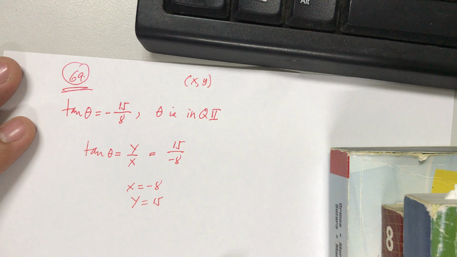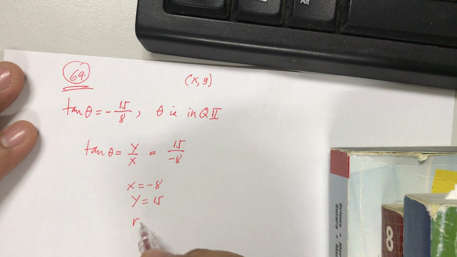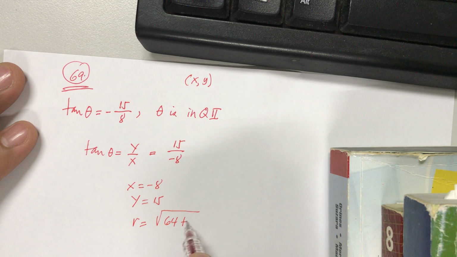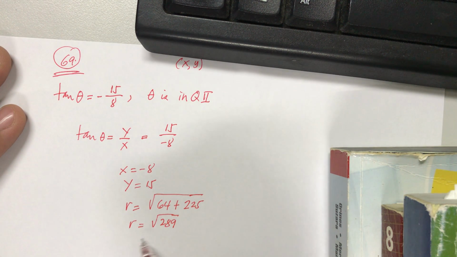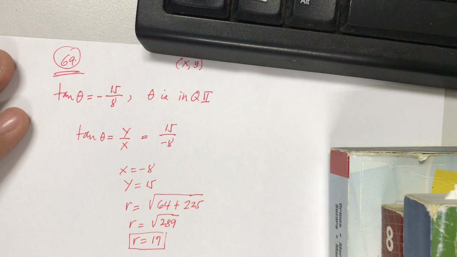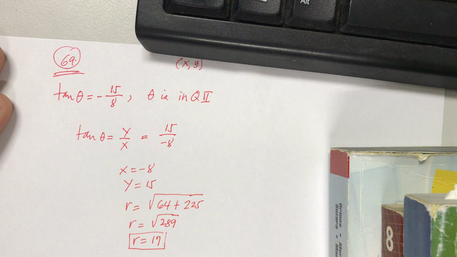If x is negative 8 and y is 15, r, which is the square root of the sum of the squares of x and y, would be the square root of 64 plus 225, since 64 is the square of negative 8 and 225 is the square of 15. Therefore, r is the square root of 289, which is equal to 17. There is no question whether r is positive or negative. R is always positive. That is the rule, since r is the distance of a point to the origin.